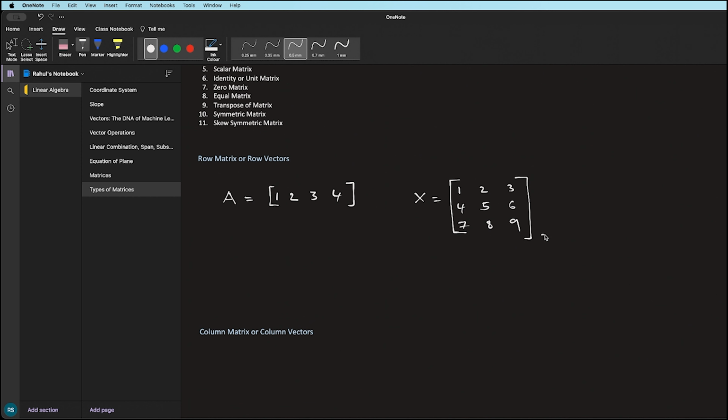So this is a 3 cross 3 matrix. If I choose the first row, then I can consider it as a row matrix or row vector. The shape of this row matrix is 1 cross 4. Here the total number of rows is only one, but it can have multiple columns. Currently, there are 4 columns.